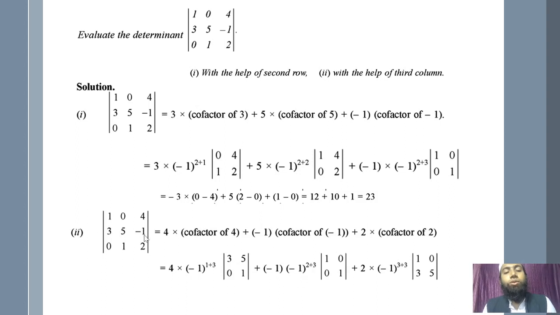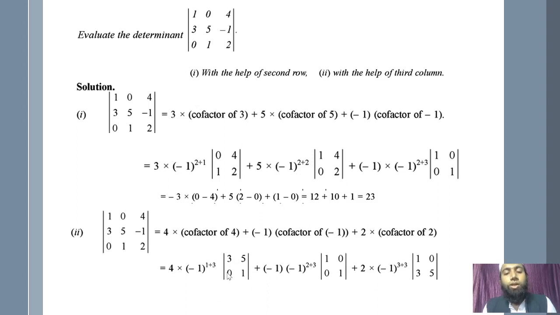second row, second column, sorry, third column, minus 1 raised to 2 plus 3, and this 2 is minus 1 raised to third row, third column, and the elements we have to take are, we have to skip the row and column in which that element is present. For 2, these are 1, 0, 3, 5; for minus 1, 1, 0, 0, 1; and this one 3, 5, 0, 1.